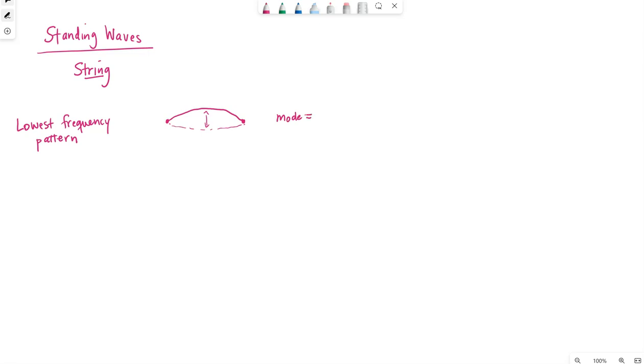We're going to use an M to represent this. It is also called the first harmonic or the fundamental frequency, or fundamental mode, I suppose I should say first.